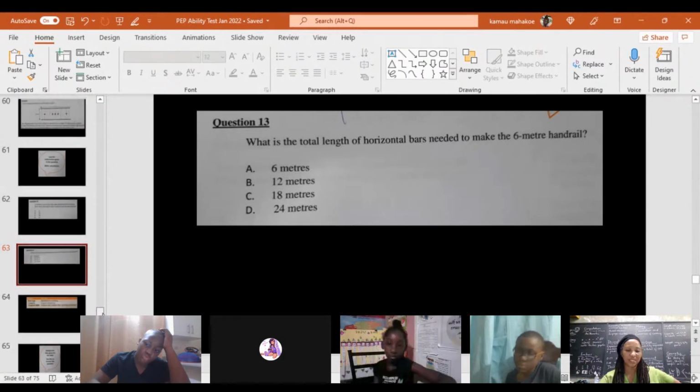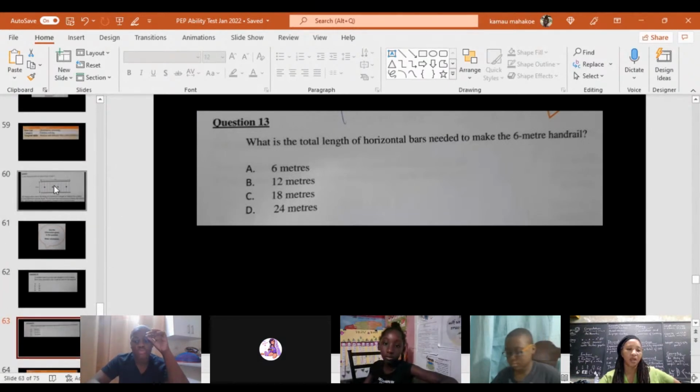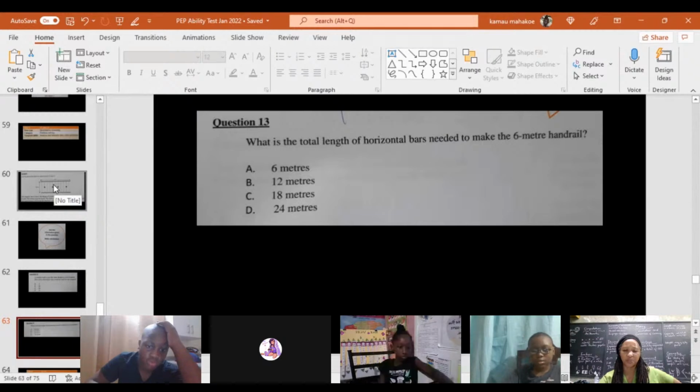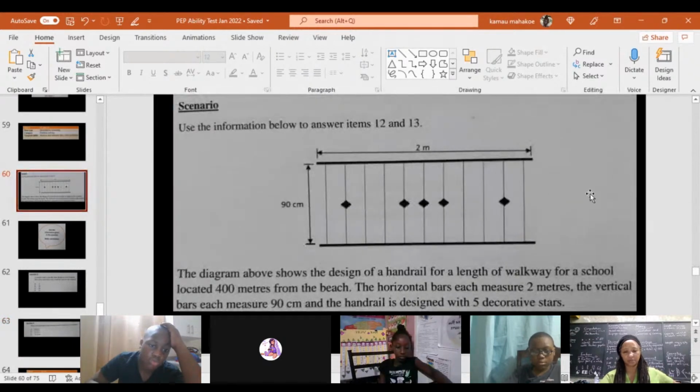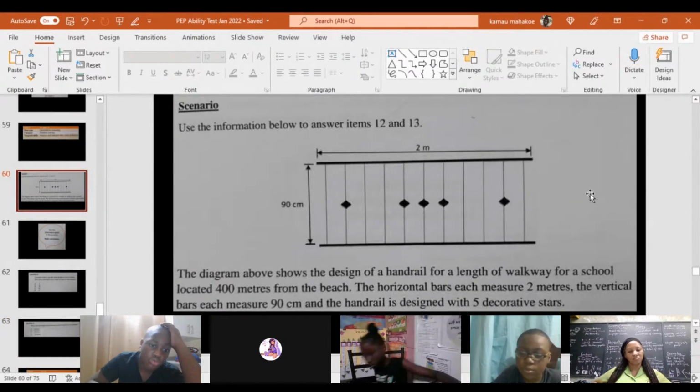All right, what's the total length of horizontal bars needed to make the 6-meter handrail? The horizontal bars each measure 2 meters.